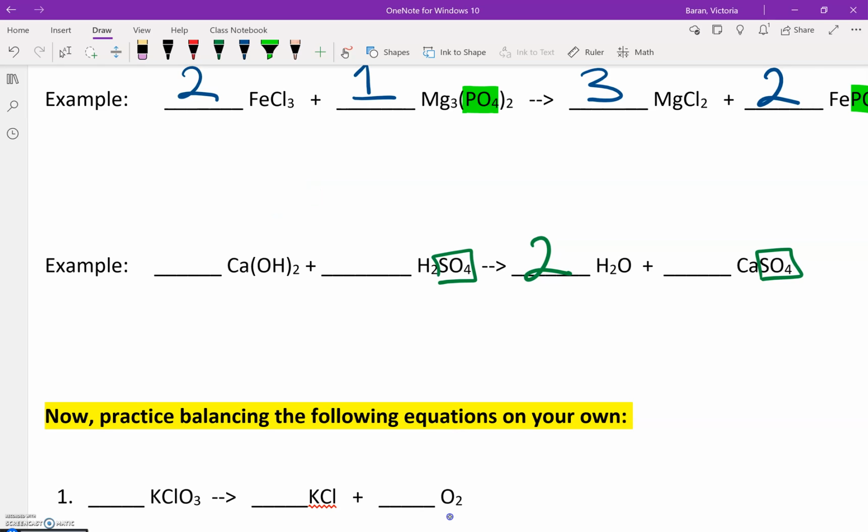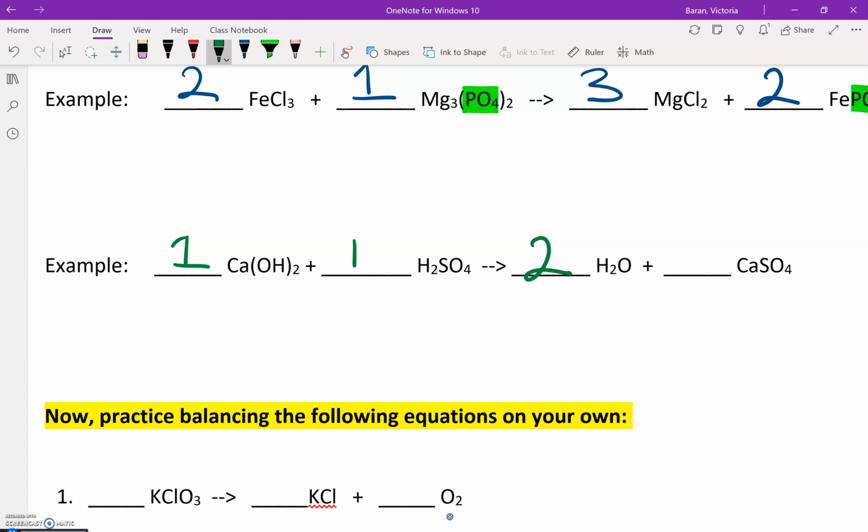Well, 2 plus 2 is 4. So I have 4 hydrogens on either side. Okay, again, 2 from here, 2 from here. 2 plus 2 is 4. There's 2 hydrogens here. 2 times 2 is 4. My oxygens, I have 2 oxygens here, 2 oxygens here, 1 calcium, and then as I boxed it, I have 1 SO4, 1 SO4. So this is actually balanced.